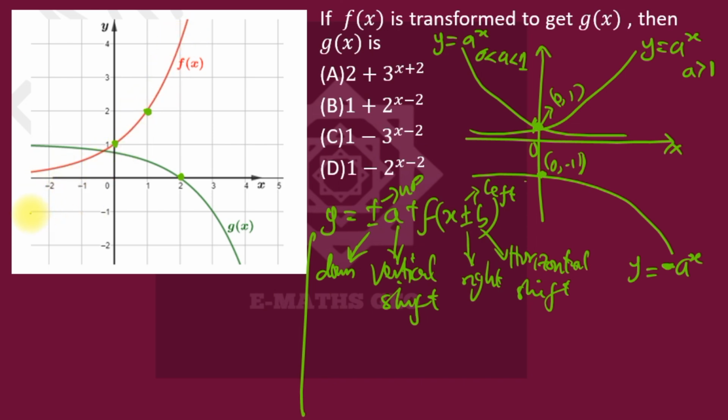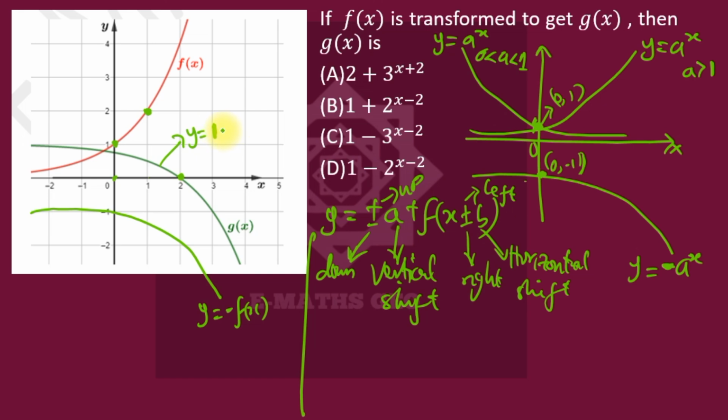And if we now reflect, we now have that y must be minus f of x based on this. And for me to get this g of x, I move this one unit up. So we are saying that this graph will now be 1 unit up, which is 1 plus.